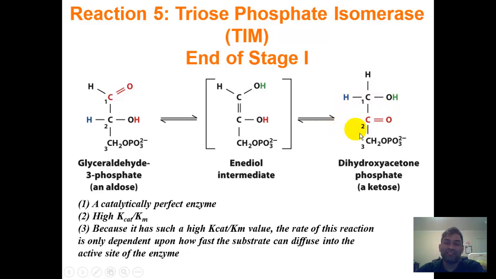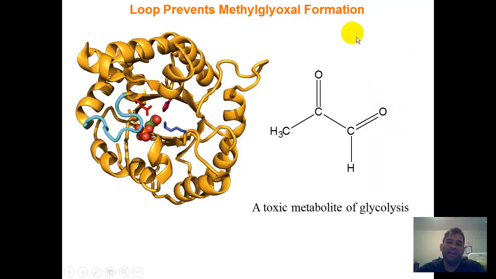So sometimes, not all the time, but in very rare cases, this dihydroxyacetone phosphate can spontaneously lose that phosphate, oxidize that hydroxyl group, and produce methylglyoxal. So that's a very dangerous byproduct. We actually also see that in some types of cancers, the formation of methylglyoxal. It's just a very dangerous product that could happen stemming from dihydroxyacetone phosphate being accidentally converted to that.